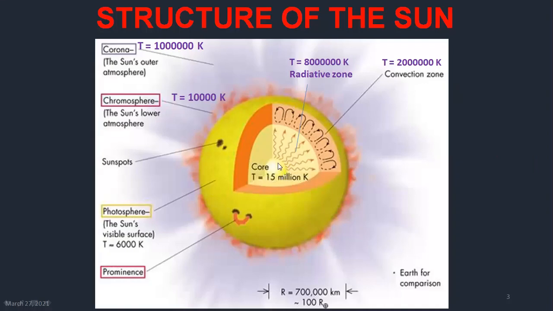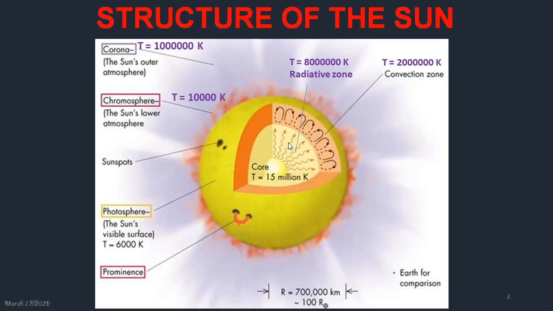The core is the innermost part of the sun with a temperature of about 15 million Kelvin. In this region, the temperature and density are very high, and that triggers the nuclear reactions. So we can say that in the core, by the nuclear reaction, the energy is produced in the form of gamma photons.